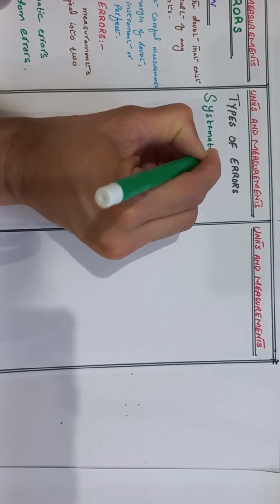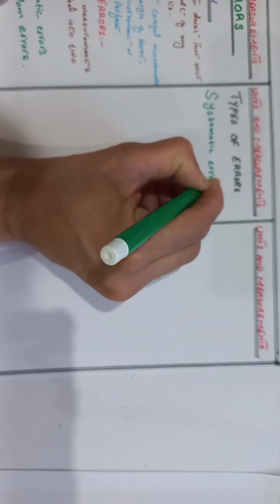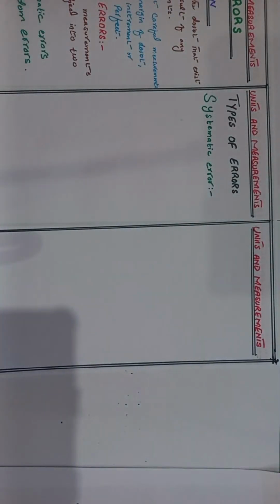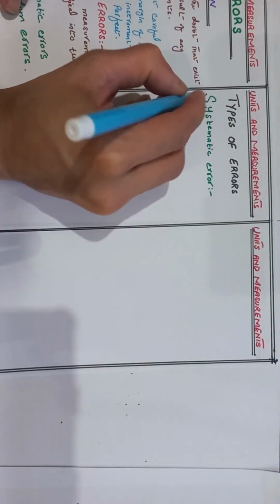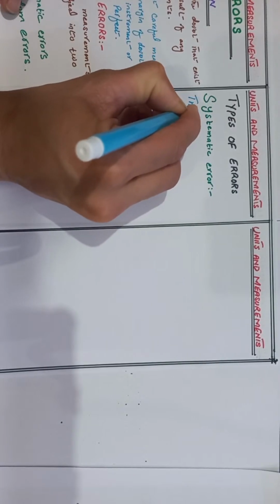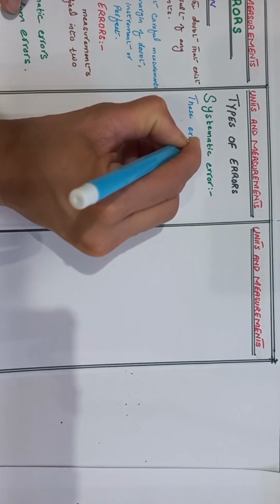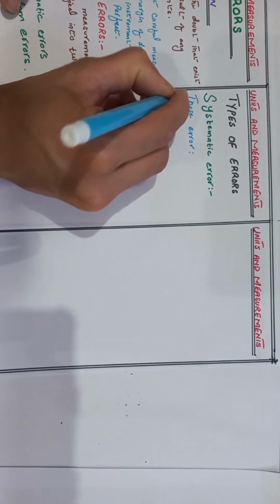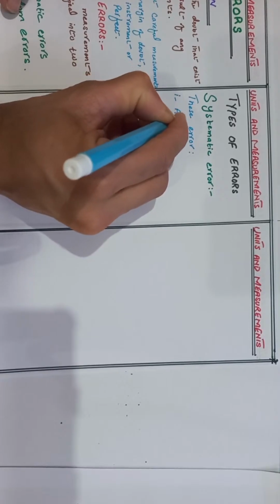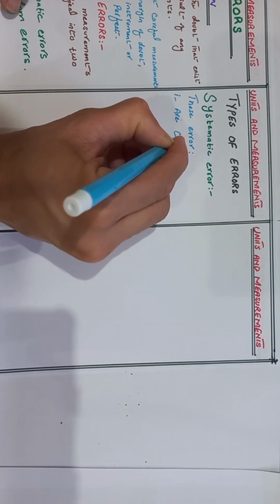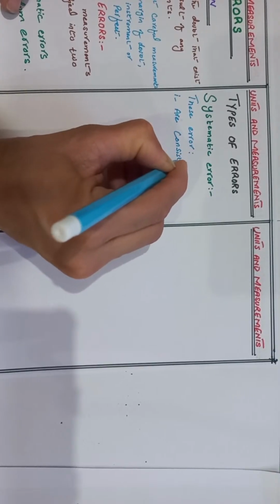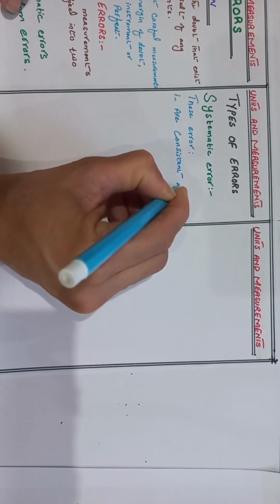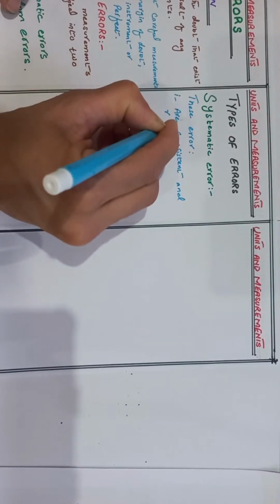Now we discuss in detail what are the systematic errors. These errors are consistent and repeatable.